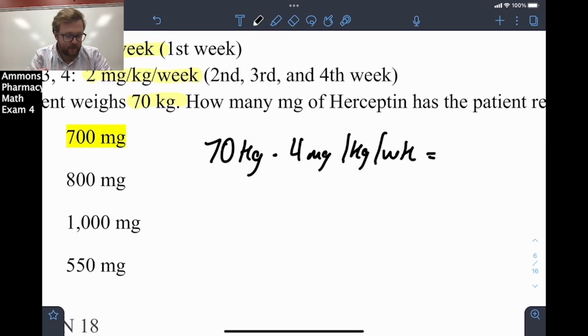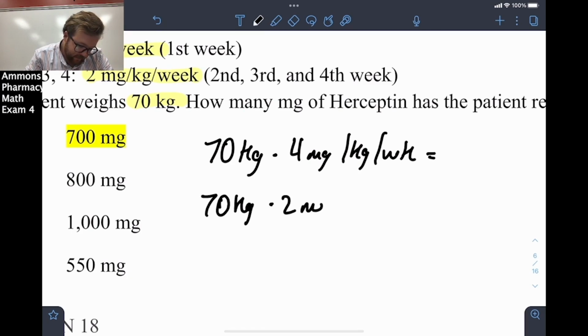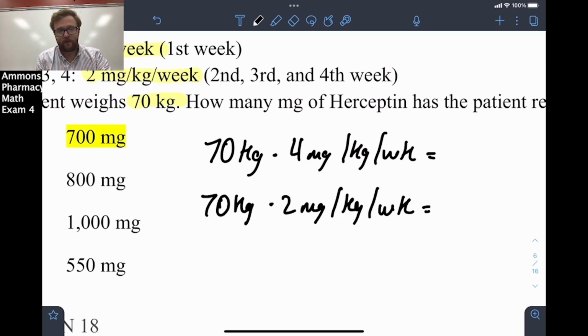So the second, third, and fourth weeks are different doses. They still weigh 70 kilos times 2 milligrams per kilogram per week. But remember, you're going to have to multiply that answer by 3 because they get it for the second, third, and fourth weeks.